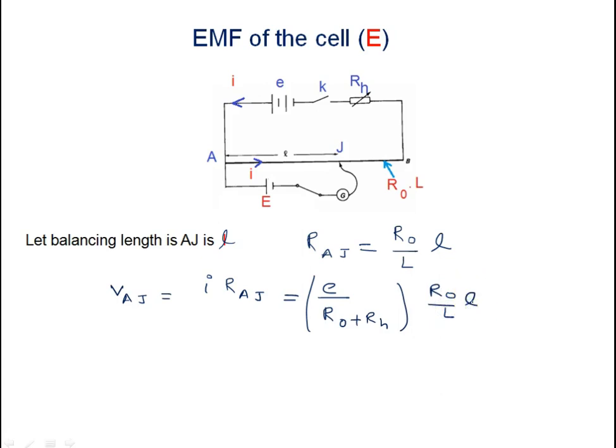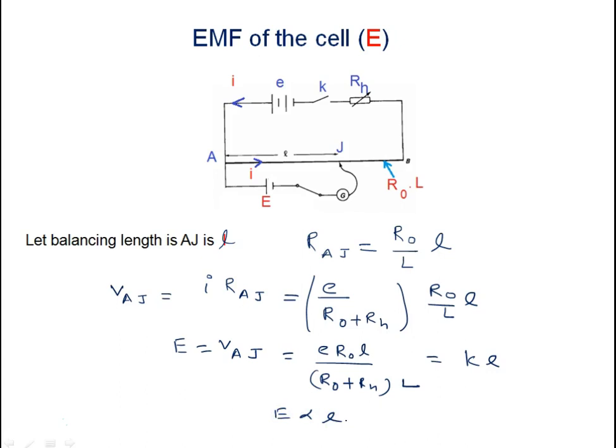At this length there is no deflection in the galvanometer. It means this EMF E must be equal to the potential difference across A and J. So I am writing E R0 l upon (R0 plus RH) into L, and you can say this is K. So it is K into l, or E is proportional to l.